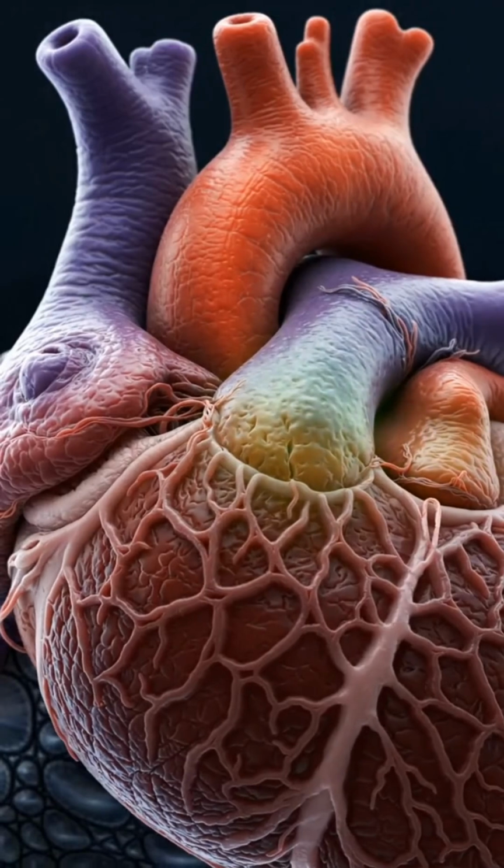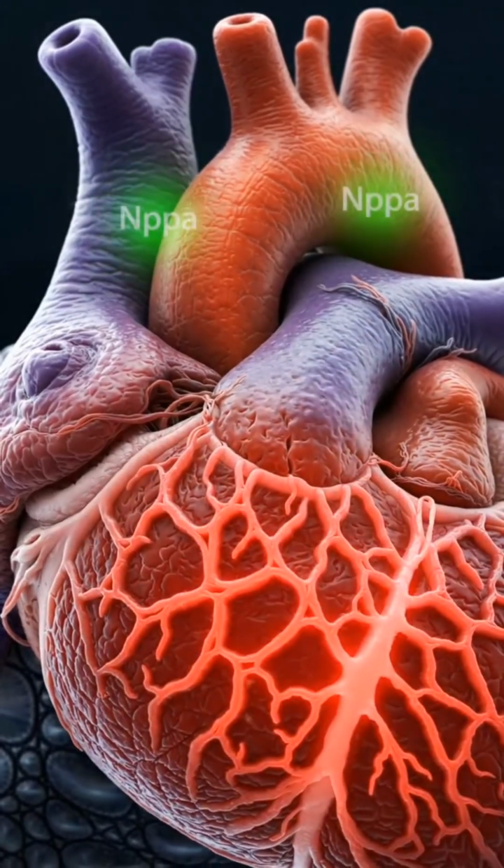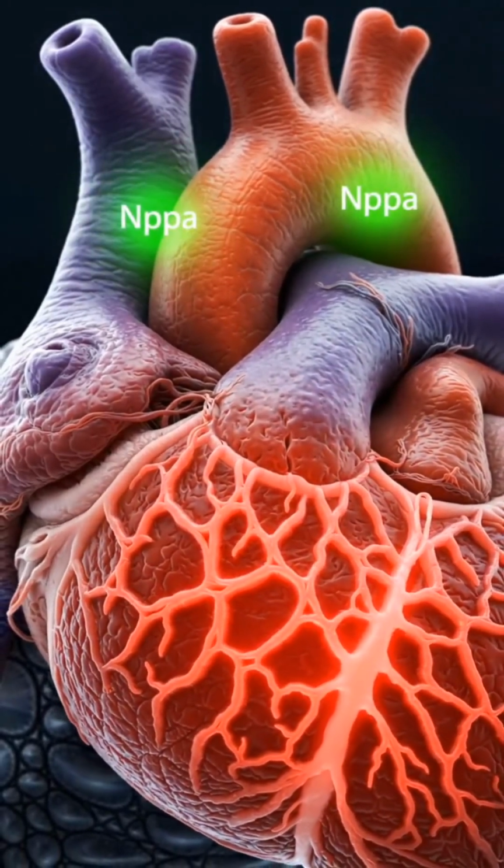NPA expression is restricted to the atria, whereas NPPB is strongly expressed within the ventricular trabeculae.